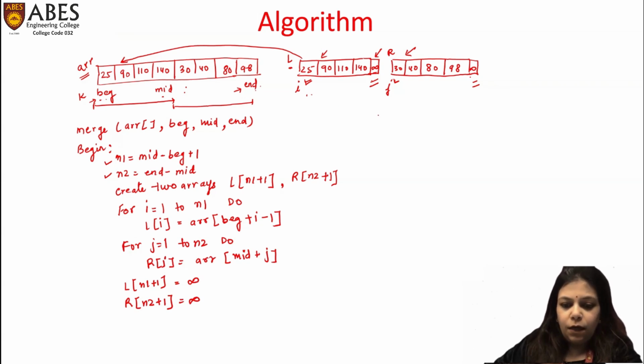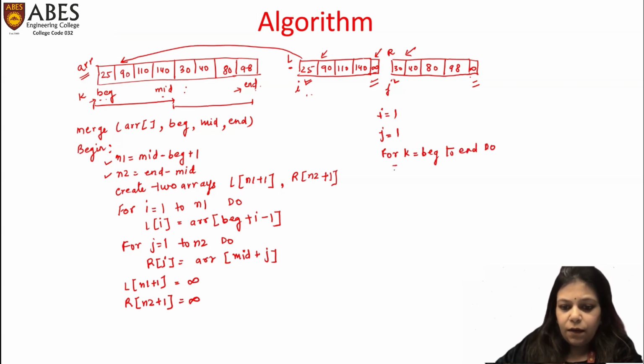Now, for merging, we will start by assigning I equals 1 and J equals 1. And for K, starting from beginning to end, what we have to do?